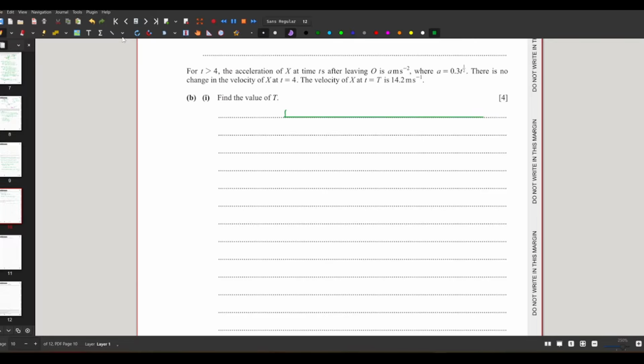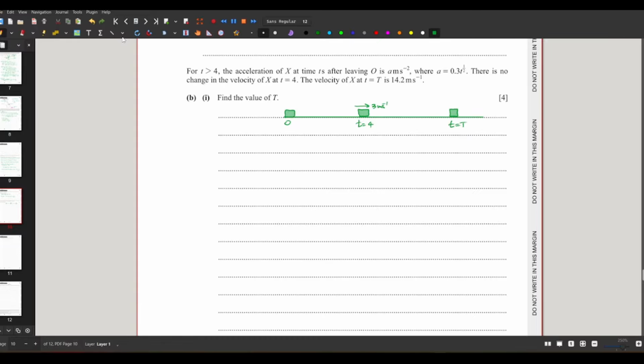So we have this starting point O, and then we have another point where the time is 4, and then we have another point where the time is capital T. At this point we found the velocity is 3.